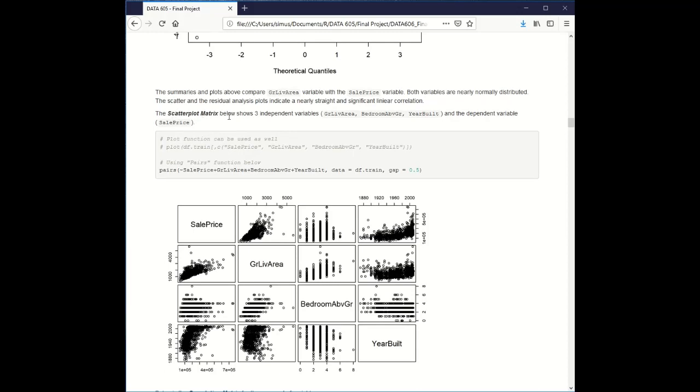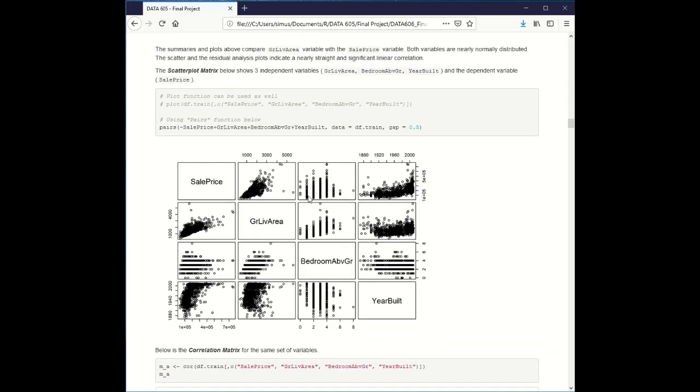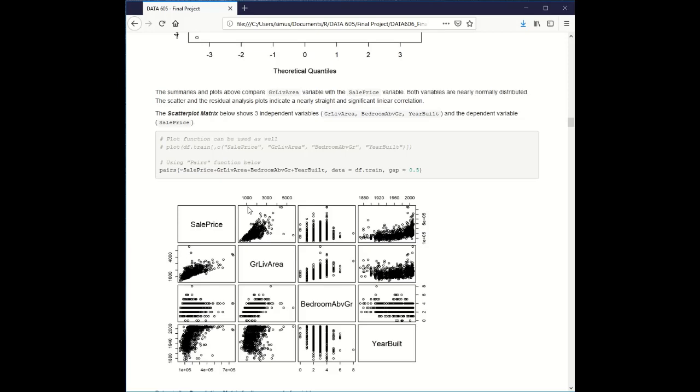Subsequently we were asked to generate a scatter plot matrix and to include additional variables. So I decided, in addition to the ground living area, to include the bedroom above ground level and the year built variables in the scatter plot matrix.